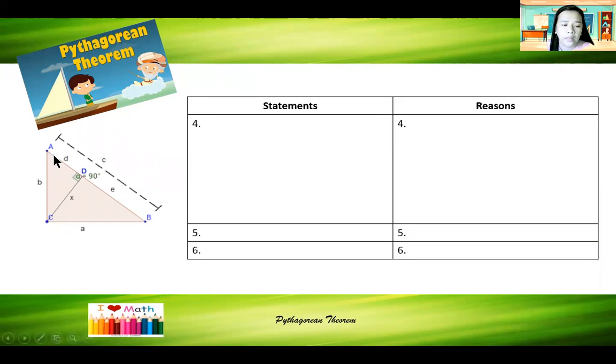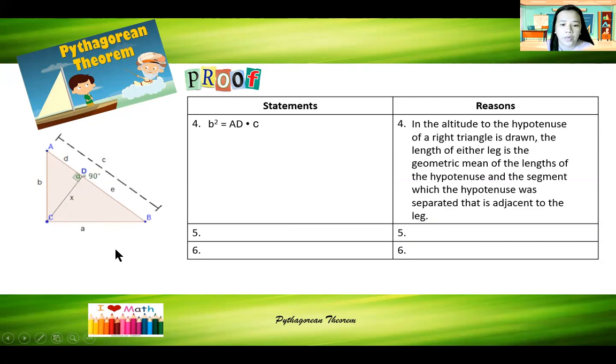And if you're going to find the measurement of this leg, you have B squared equal to AD times C. The reason is the same as number 3.